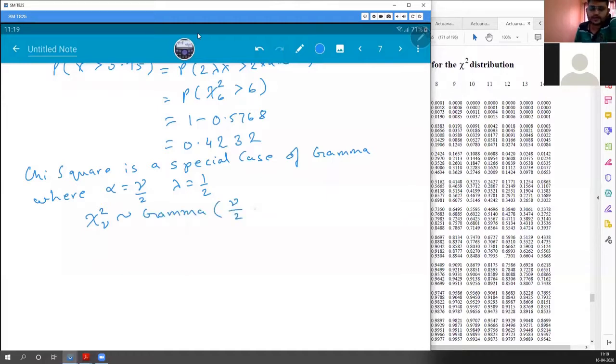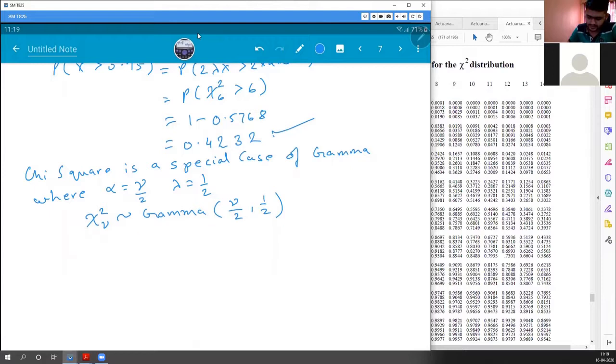So we can convert gamma into chi-square and chi-square into gamma. We had that if x is following gamma distribution, then 2 lambda x follows chi-square 2 alpha.